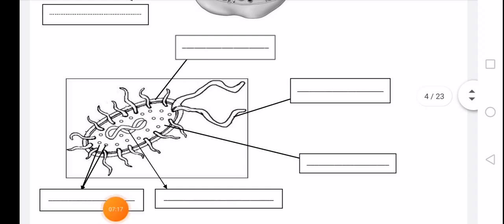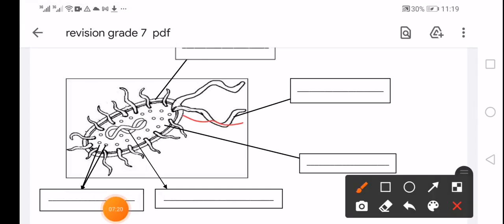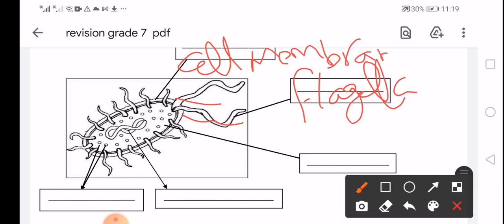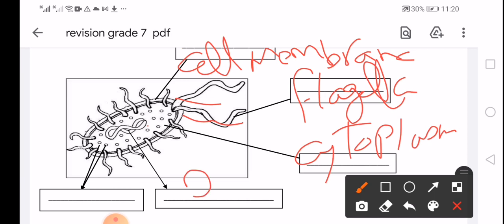Here we have this hair-like structure, flagella. Outer layer, cell membrane. Fluid, cytoplasm. This is DNA. And this is organelles or ribosomes.